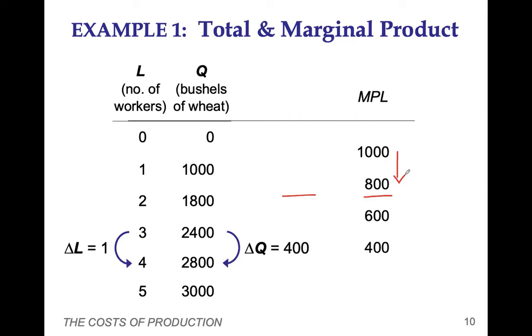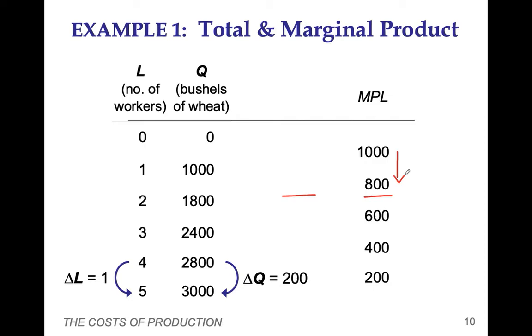The same thing for worker number 4 and worker number 5. You see worker number 5 could produce only 200 bushels of wheat. Worker number 5 has a productivity lower than the productivity of worker number 1.